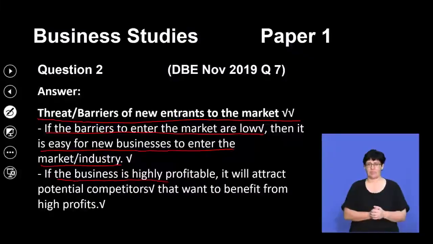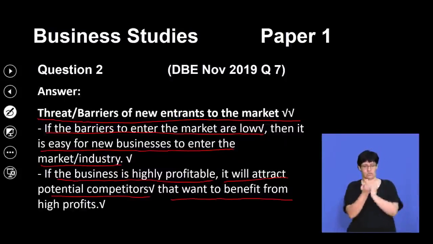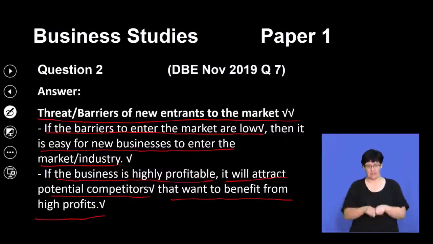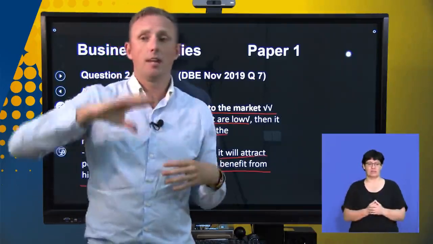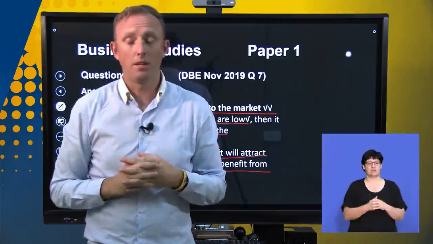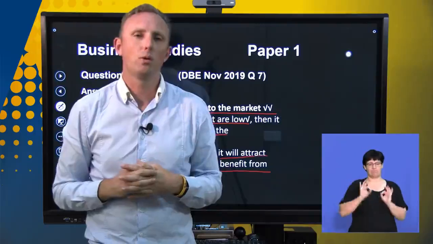If the business is highly profitable, it will attract potential competitors that want to benefit from high profits. With technology companies, a lot of companies started manufacturing cell phones because they saw how profitable it was for one organization.